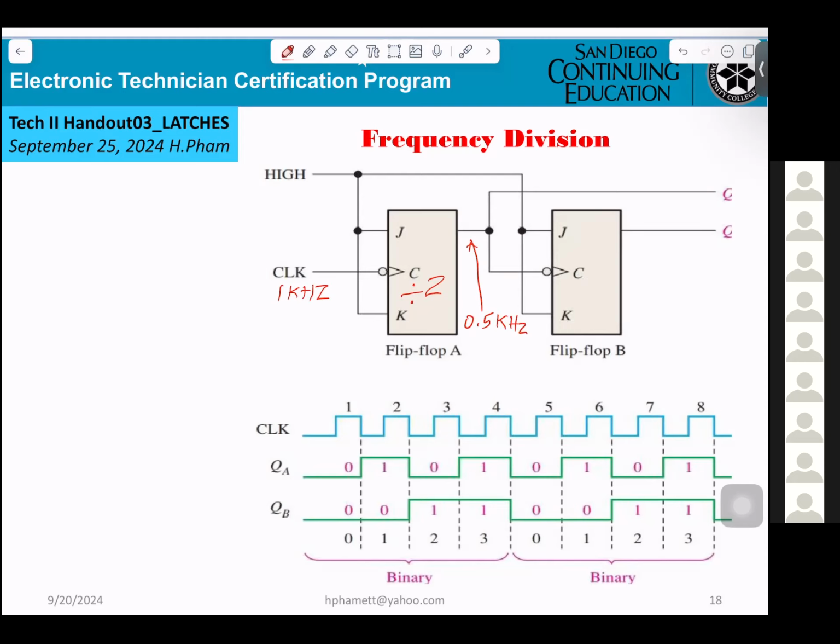And the output in here, 0.5 divided by 2 again, 0.25 kilohertz. Okay?